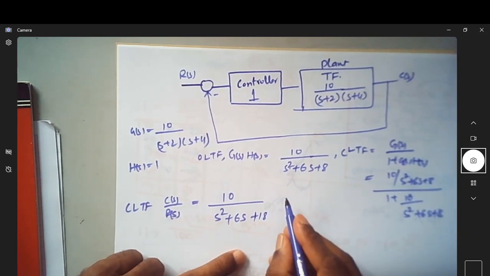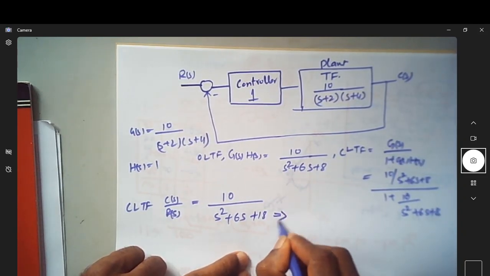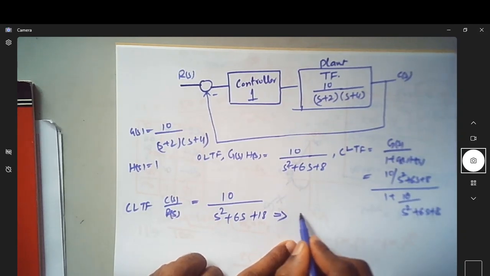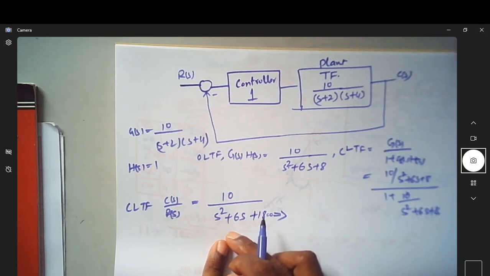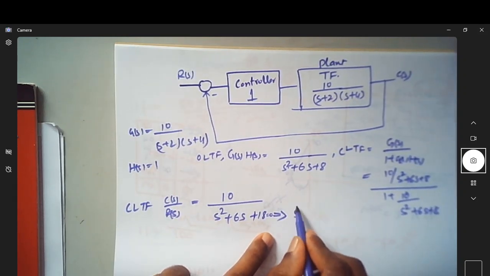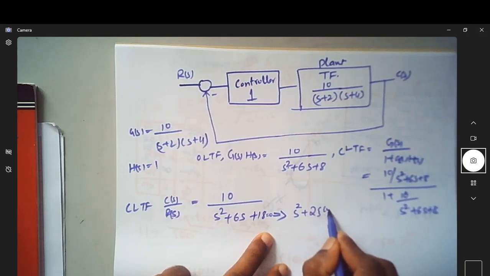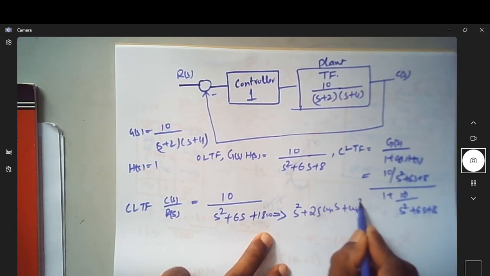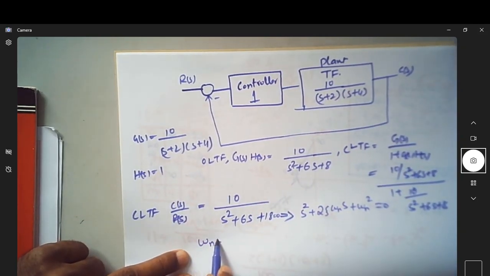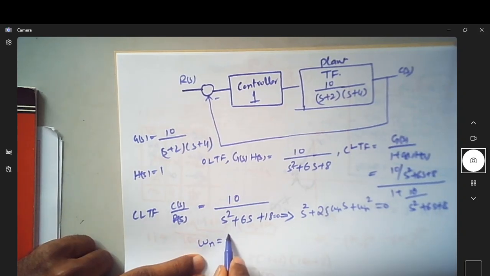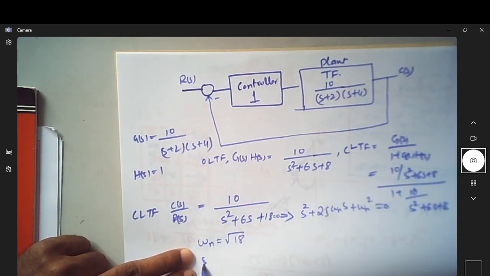So for this transfer function, if I equate the denominator to 0, this will become the characteristic equation. The general characteristic equation of a second order system is s square plus 2 zeta omega n s plus omega n square equal to 0. By equating this, we can write omega n for the corresponding system is under root of 18, and zeta is given by 6 by 2 into root of 18.